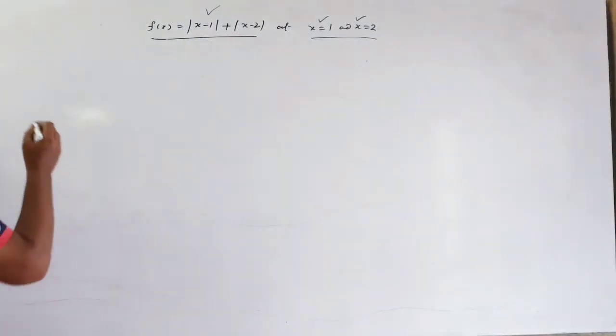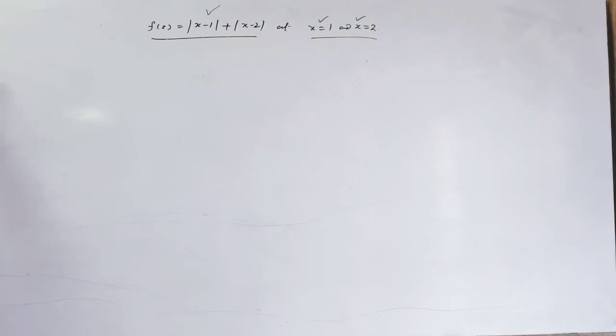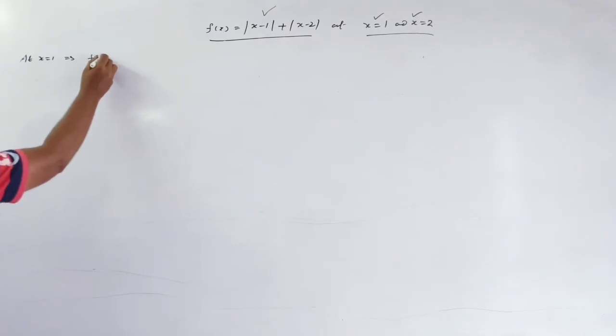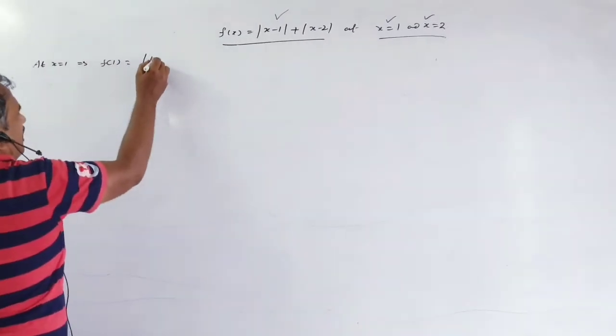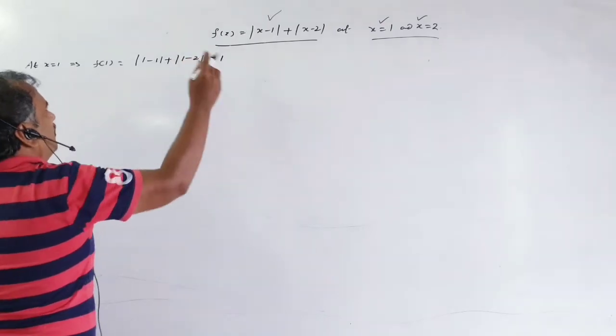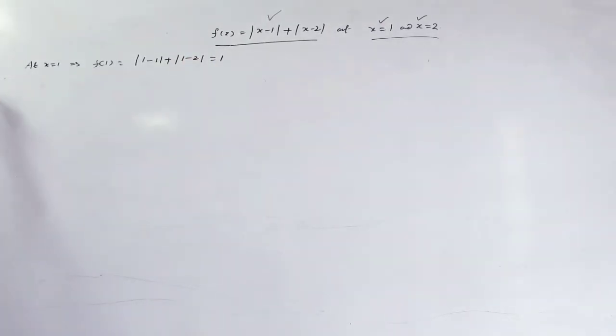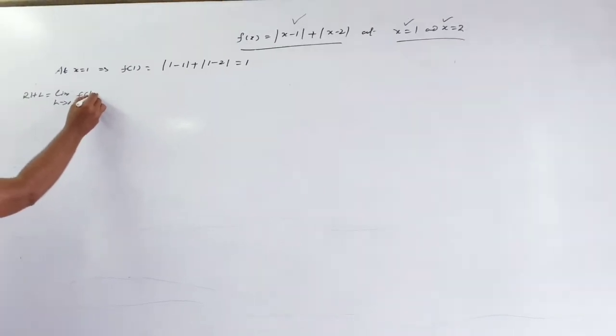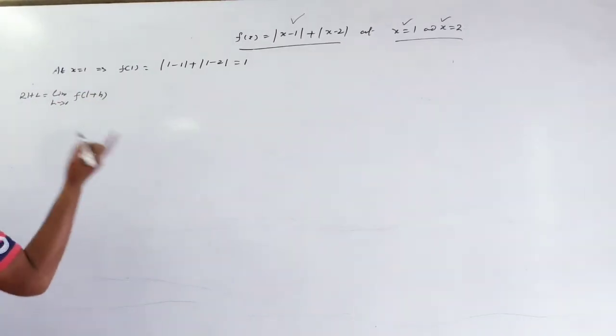Okay. Now let us say at x equal to 1. What is f of 1? Now directly we can substitute: 1 minus 1 plus 1 minus 2 equal to 1. So what is the right hand limit? Limit h tends to 0, f of 1 plus h, yes or no? At x equal to 1.